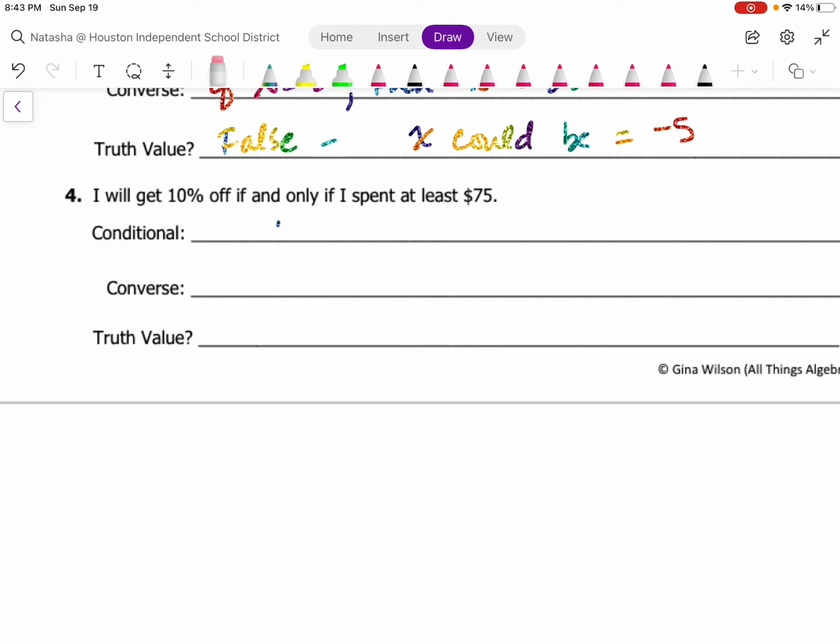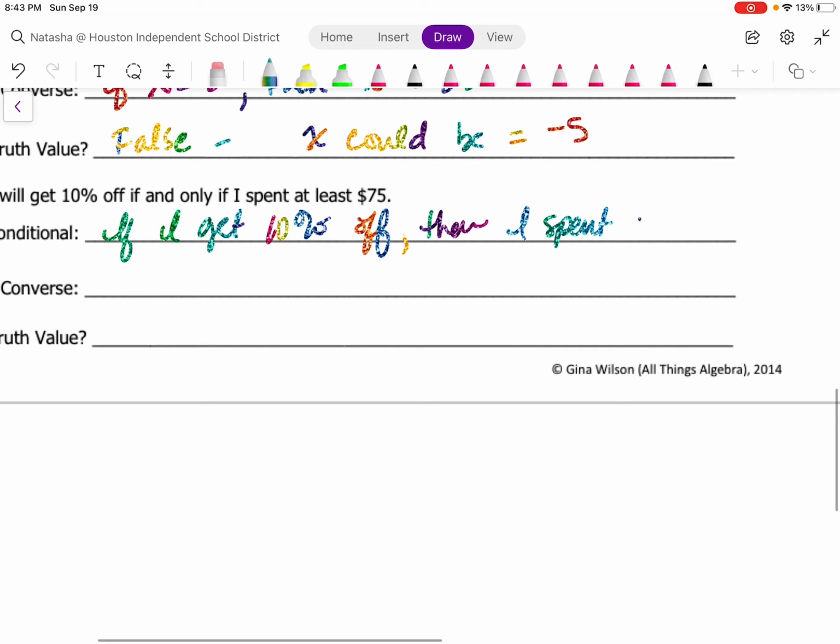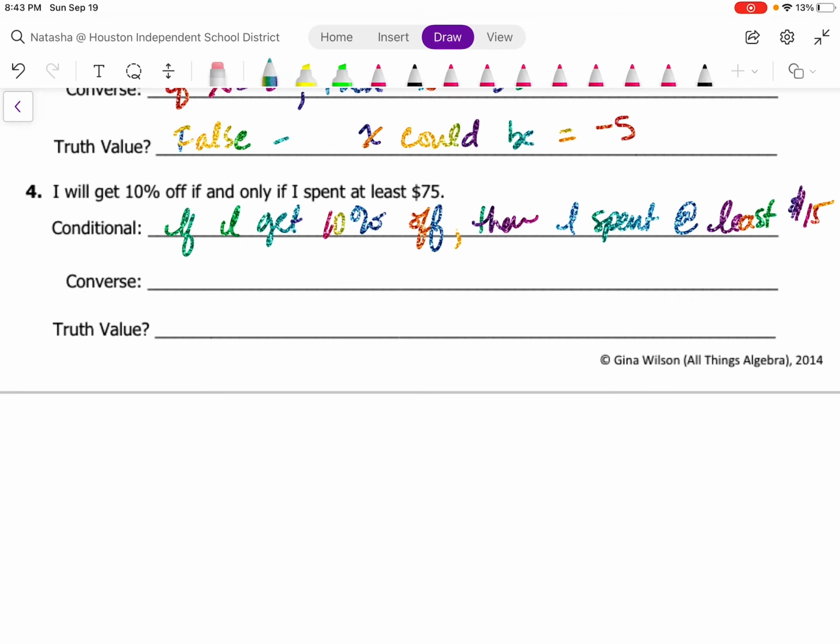So, number 3. If I get 10% off, then I spent at least $75.